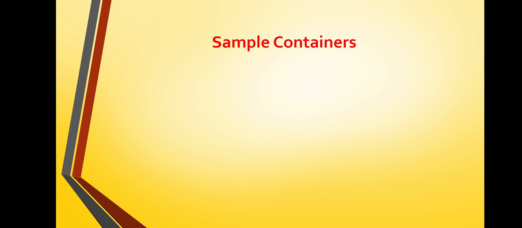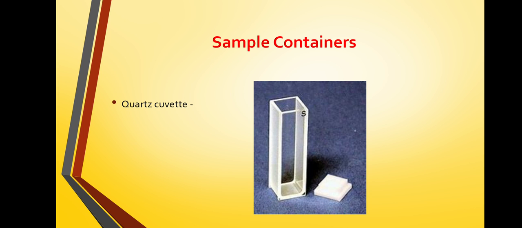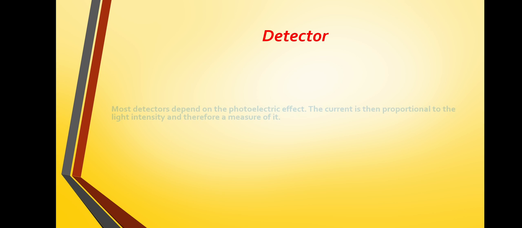Next is the sample container. Quartz cuvette is used as a sample container in a spectrophotometer. It will look like this. The next component of a spectrophotometer is a detector.